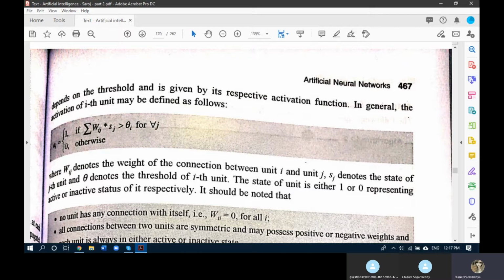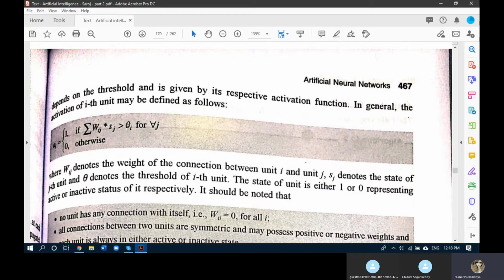In a Hopfield network, there are two states. Every node will be in any one of the two states. The two states are active, inactive. When will a state be active? When it gets a value 1. How does it get a value 1? If its weighted sum of all the connected nodes is greater than a threshold value theta.